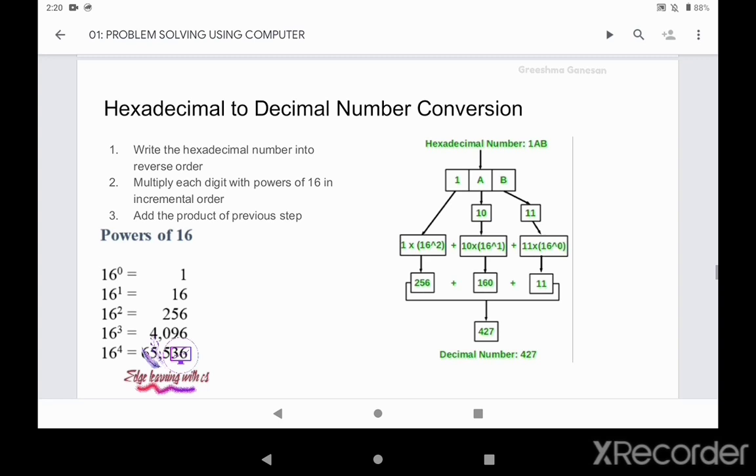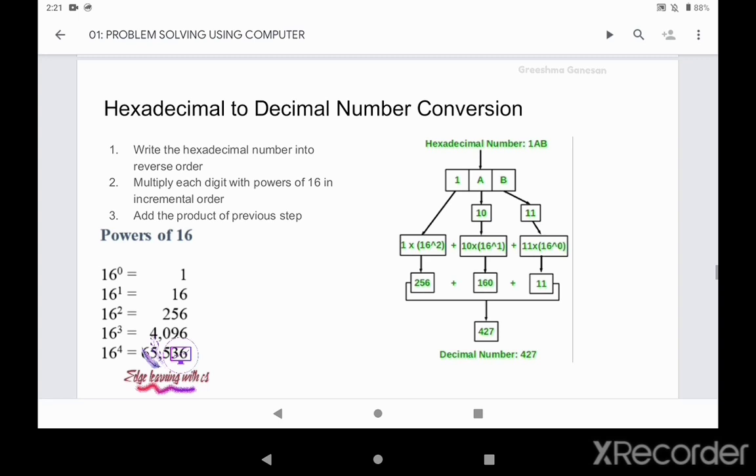Then 10 into 16 raised to 1: 16 raised to 1 is 16, so multiplying it with 10, the answer is 160. Then 1 into 16 raised to 2: the value of 16 raised to 2 is 256, so 256 into 1 is 256 itself.